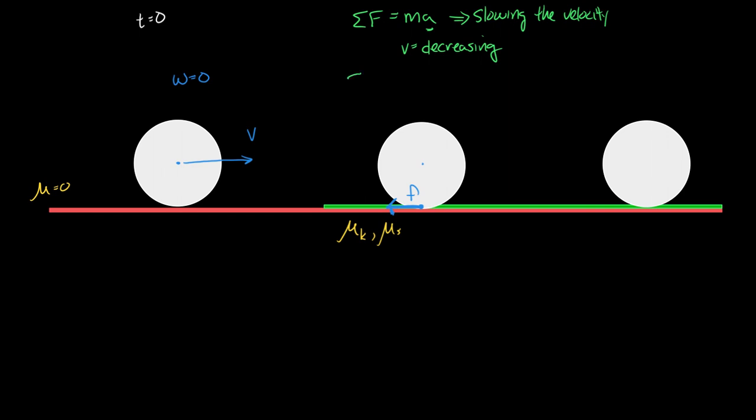At the same time, there's an unbalanced torque. But this unbalanced torque is causing a positive change in the rotational velocity. So during this time, the rotation is increasing.